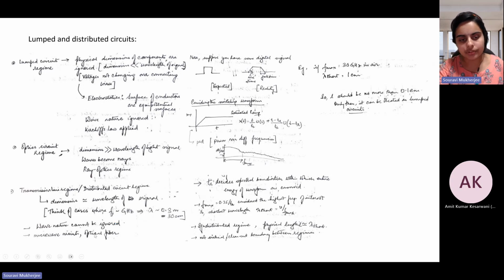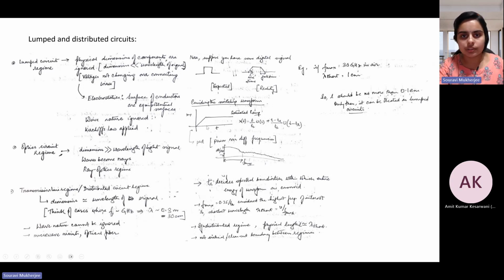Okay, and it's important to note that even in optical fibers, these things are important because of the dimensions. So generally, when we talk about some micron wavelength light or some signal which is passing through the optical fiber, and if the dimensions of the fiber are comparable to that length, there again it falls into the transmission line regime.